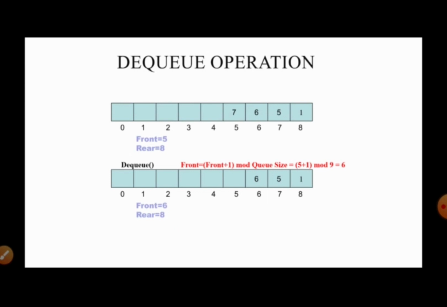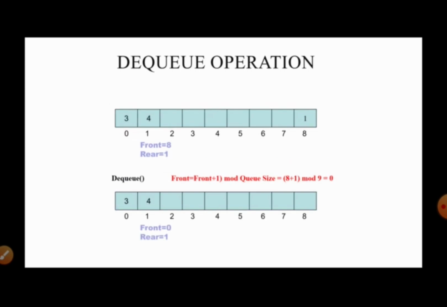When we call the dequeue method, we can apply the formula: front is equal to front plus 1 mod queue size. As front is at index 5, 5 plus 1 mod 9 is equal to 6. So our front will move to the next index, which is 6.